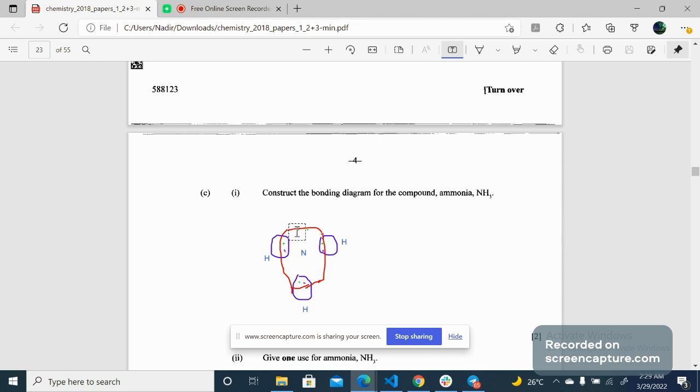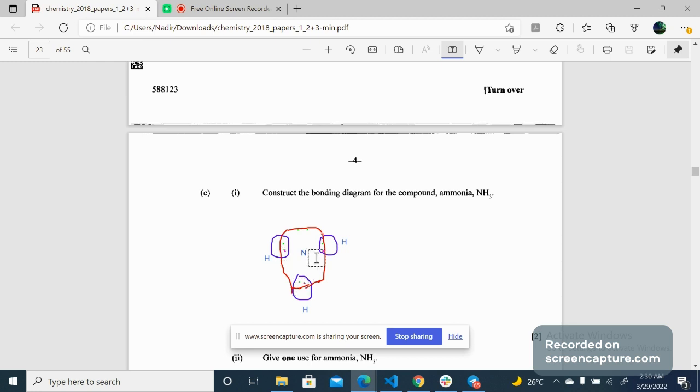These tiny dots in green and red: the green ones represent the valence electrons of nitrogen, and the red dots represent the only electron of each hydrogen atom. As you can see, this red electron of hydrogen is making a pair with a green electron from nitrogen. Same is the case here and here as well.